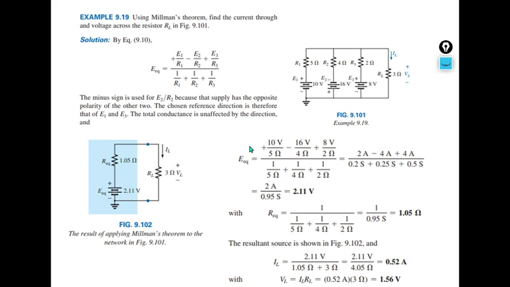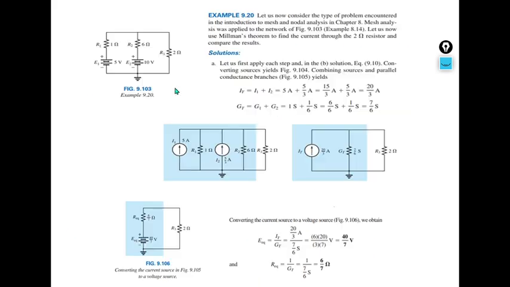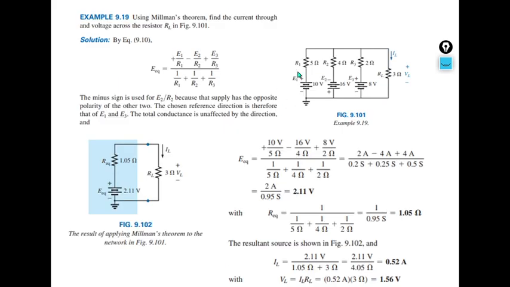Suppose I apply this formula here, then what do you have to do? You just have to convert this voltage source to a current source. If we convert it, the current will be upward here, downward here, and upward here. So I1 minus I2 plus I3 gives the total current. And to find G1, you get 1 by R1, that is equal to G1.